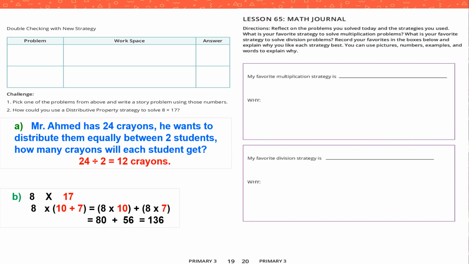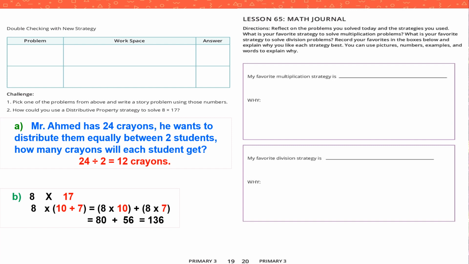In question B, how could you use distributive property strategy to solve 8 times 17? Sure, we didn't study 8 times 17 in any table, okay? Because 17 is a big number. So I will distribute this 17.